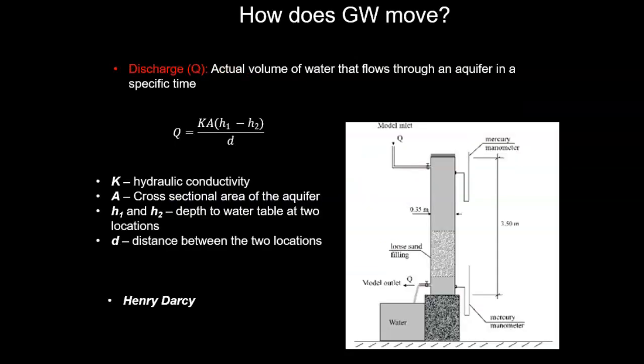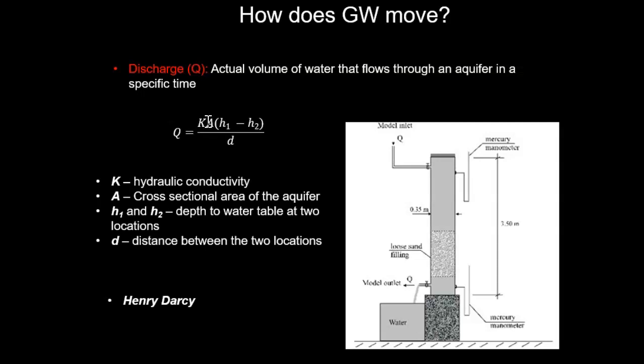So lastly, amongst his experiments, Darcy created the following equation that you're seeing there. This equation was made in order to find the discharge, which is the actual volume of water that flows through an aquifer in a specific amount of time. So in this formula, Q is the discharge, K is the hydraulic conductivity, so again the ability of the material to transmit the fluid, which has a specific viscosity.